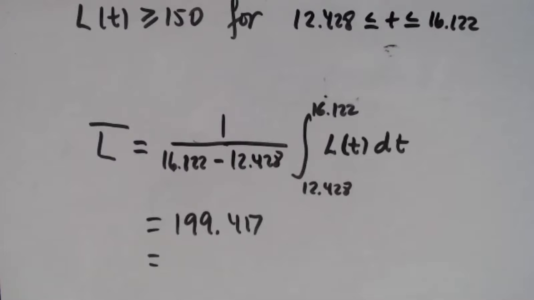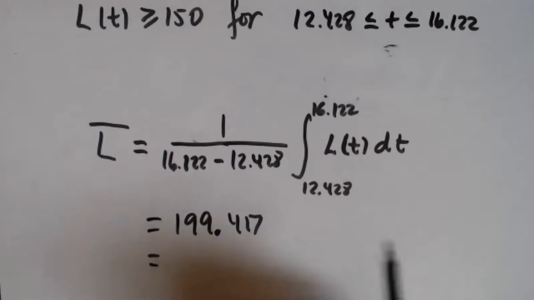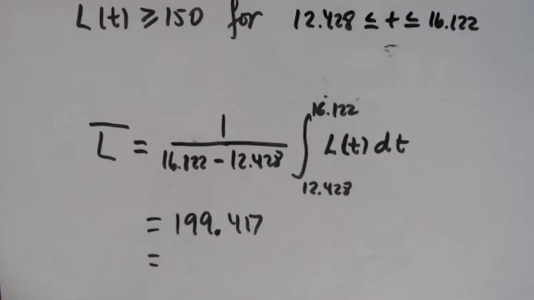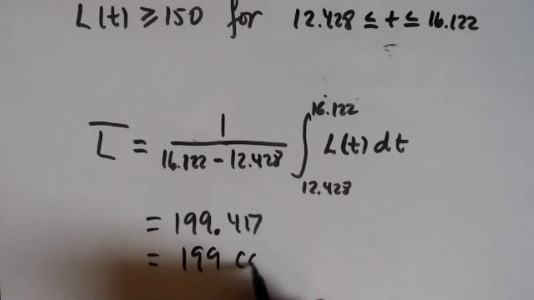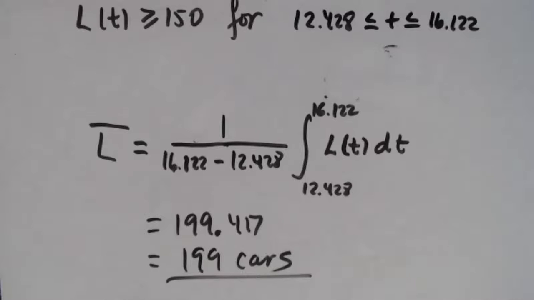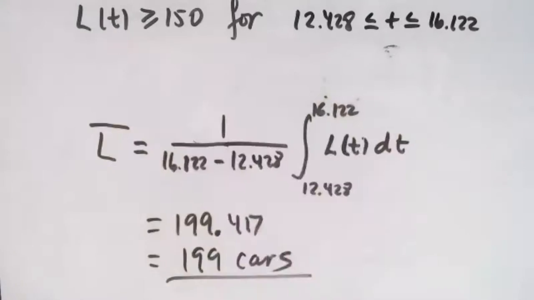Because it's cars, right? Yes, the number of cars. You cannot have 4.147. So what do you want, 199 or 200? 199. Okay, let's put 199 cars. This is the average number of cars in this interval, correct?